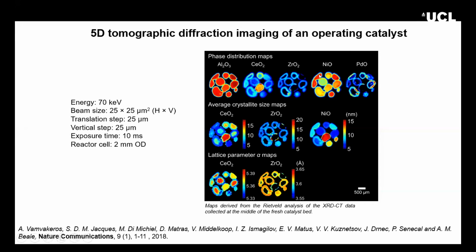In this case, we're looking at catalysts that convert methane into CO and hydrogen, basically partial oxidation of methane. There we know that we need a certain amount of metallic nickel in our system. So we're interested in where the nickel is and what form it's in. In this case, it's nickel oxide, but as we change the conditions it will form nickel metal, and we can correlate that with activity.